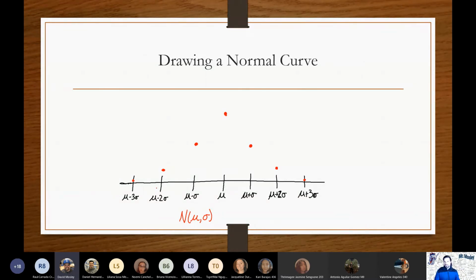And now we have all of our dots, which means I can draw my curve. So we'll start over here, start kind of like here and we'll slowly curve up. And we'll curve up a little faster.